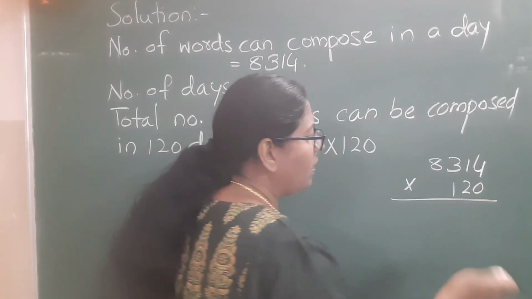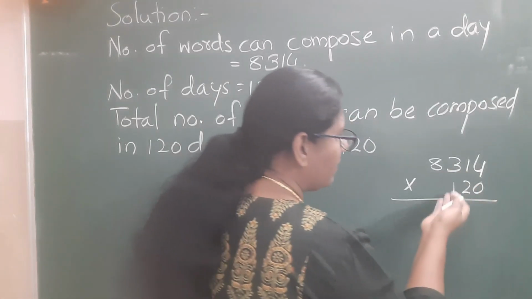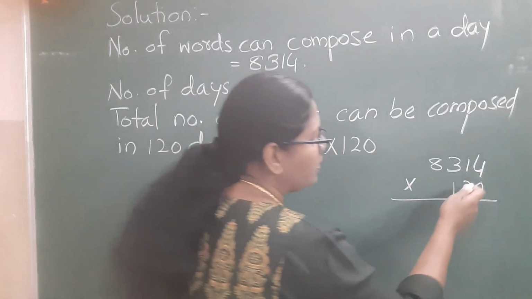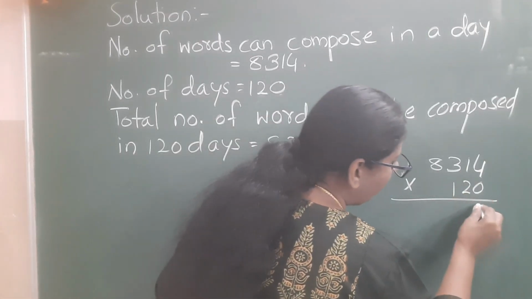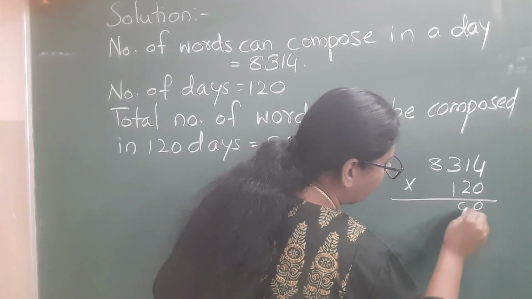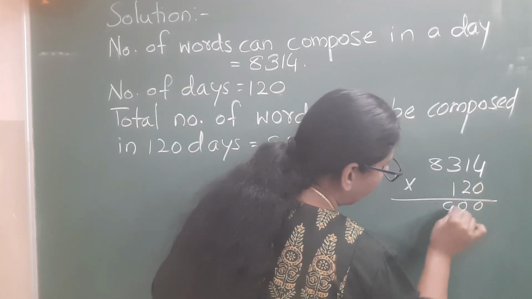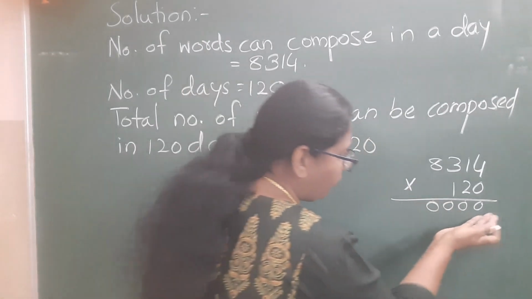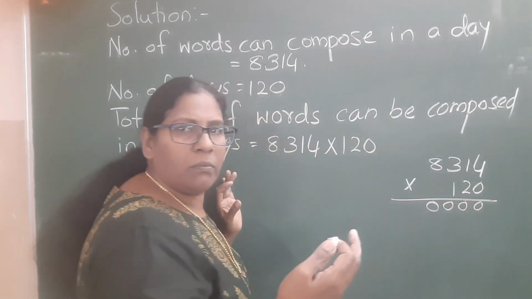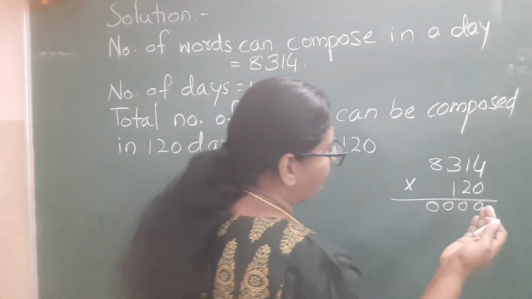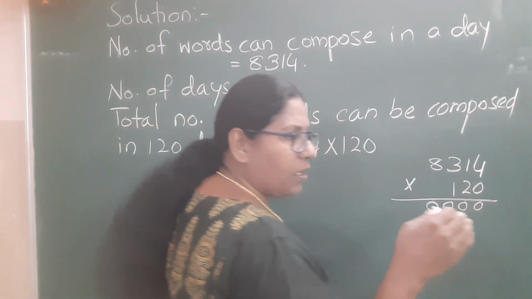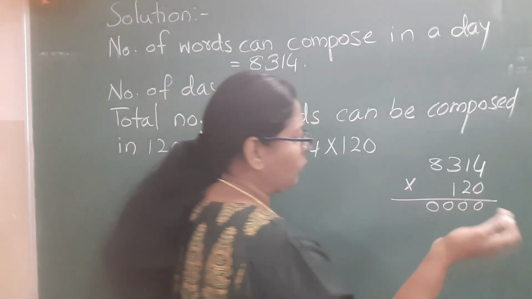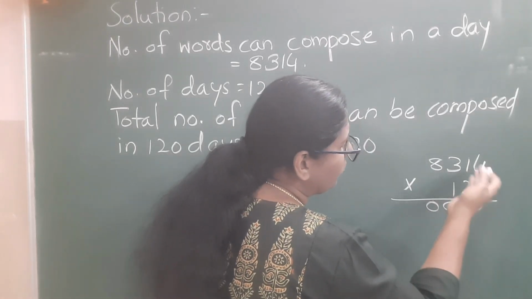That is the easy way. But for your understanding, I am doing it this way. 0 4s are 0, 0 1s are 0, 0 3s are 0, 0 8s are 0. To avoid this I was telling you to just multiply directly by 12. If you are able to do that, you can. But let's do it this way.